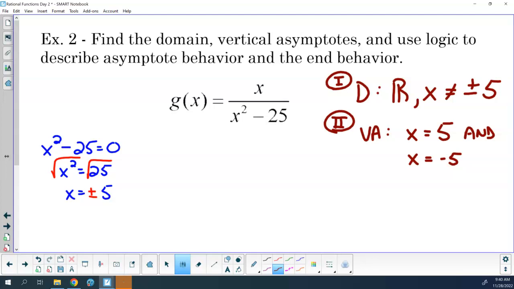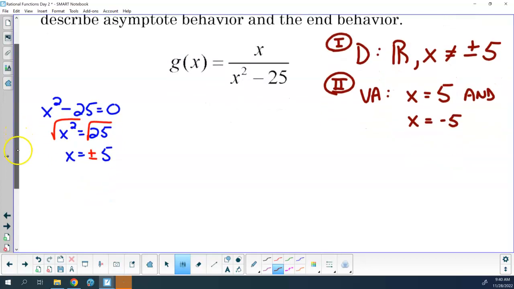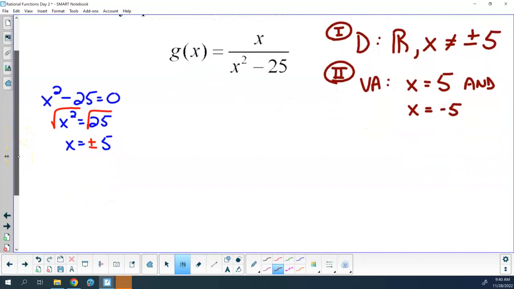Now, because I have 2 vertical asymptotes, that means I need to have 4 sets of asymptotal behavior. So as x is approaching negative 5 from the left, g of x is doing something.